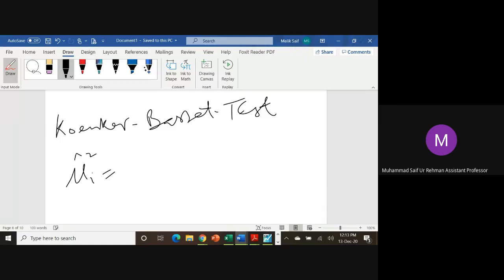Equal to, definitely, ei is equal to sigma 1 yi hat square plus the error term. So if you see in this case, what are you going to do?